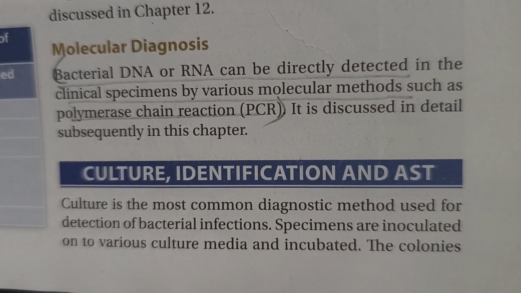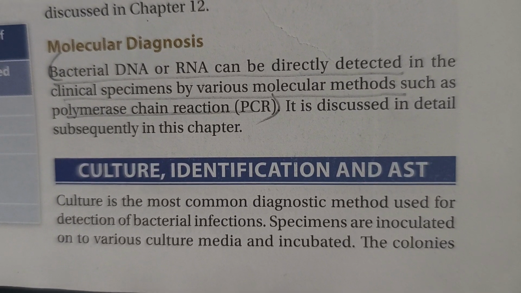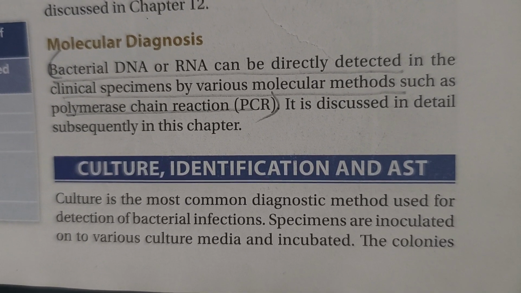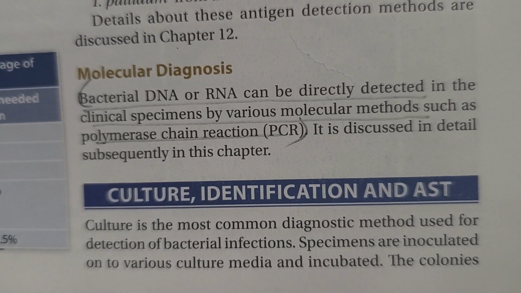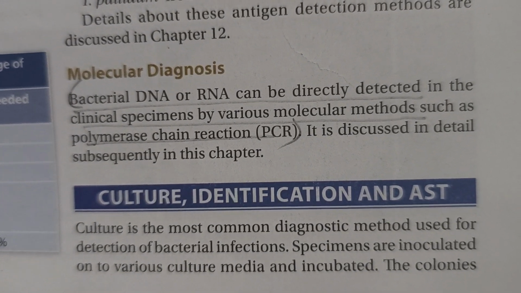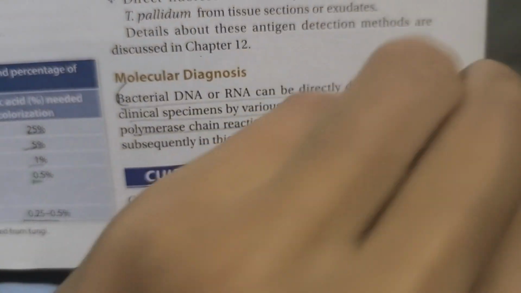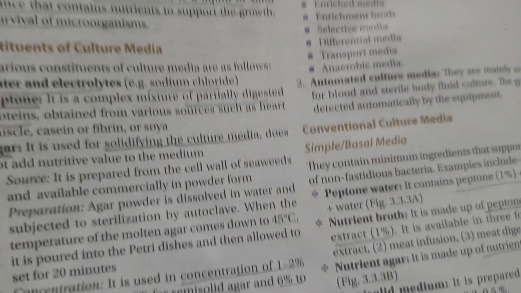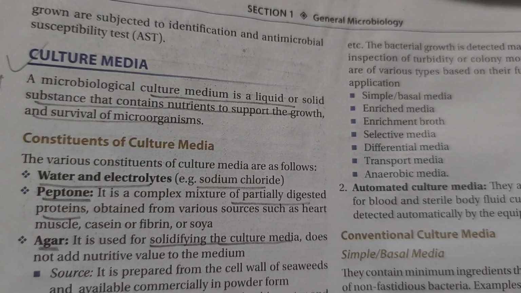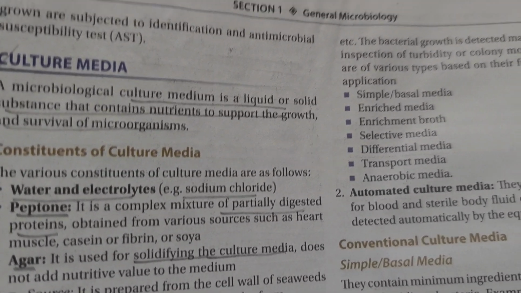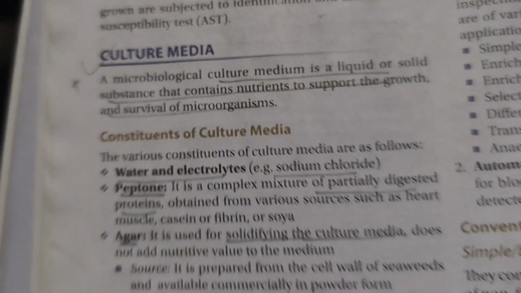Culture is the most common diagnostic method used for detection of bacterial infection. Specimens are inoculated onto various culture media and incubated. The colonies grown are subjected to identification and antimicrobial susceptibility tests.